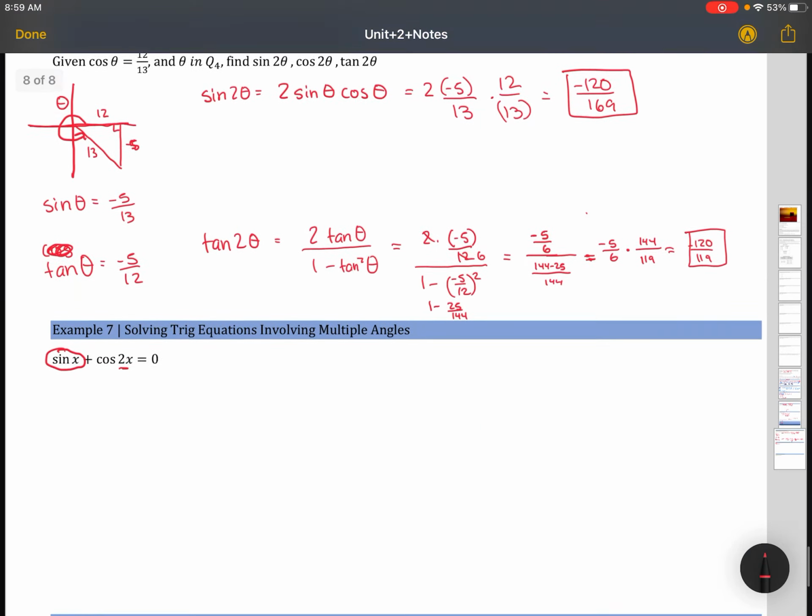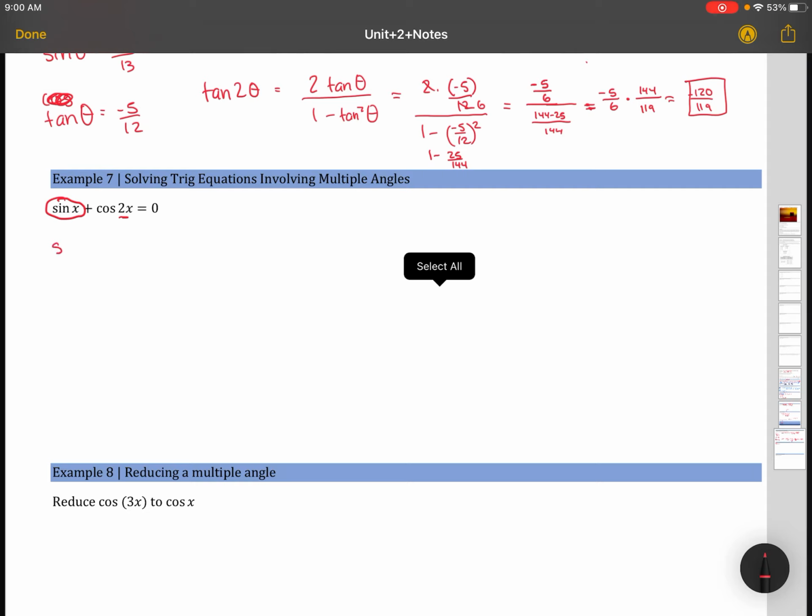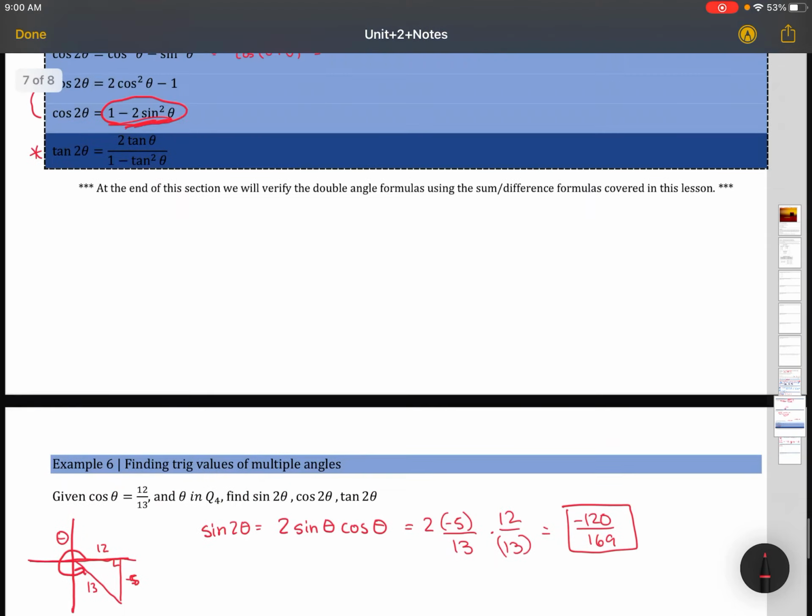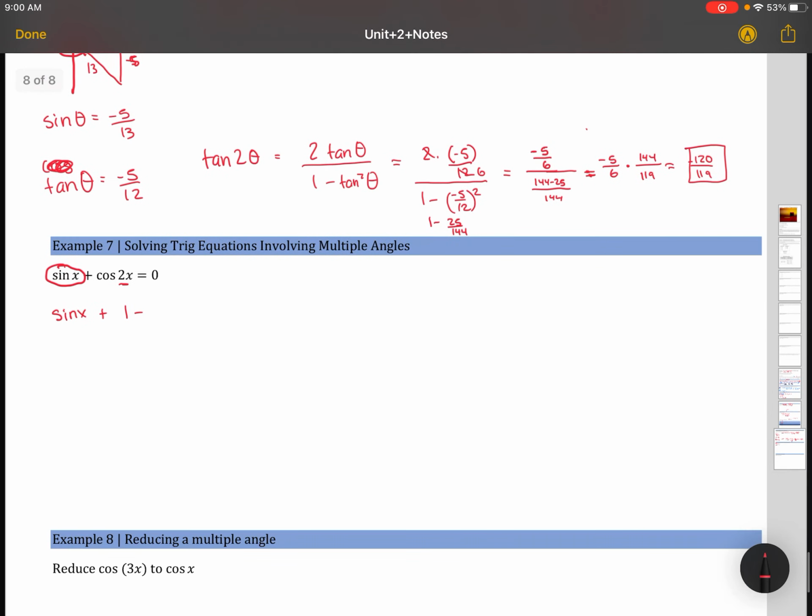So we're going to use the 1 minus 2 sine squared. So this is going to be the same as sine x plus 1 minus 2 sine squared x equals 0. And so now we're back to doing the trig equations that we did in the first section.